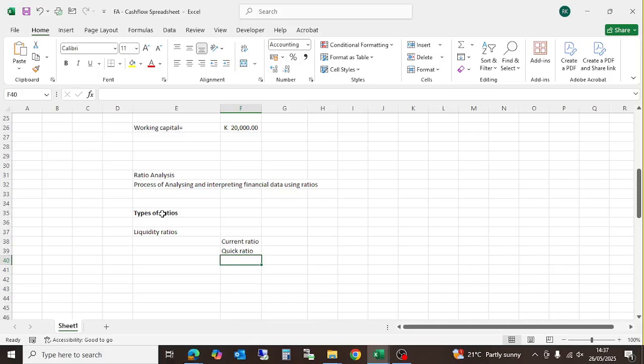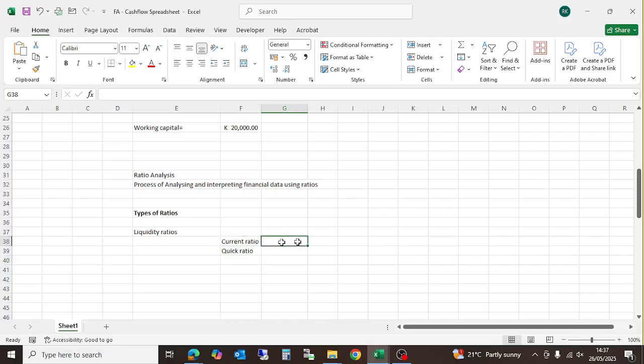They'll show us if our business has enough liquid resources. Let's start with the current ratio. The current ratio will tell us our ability to pay off short-term debts.